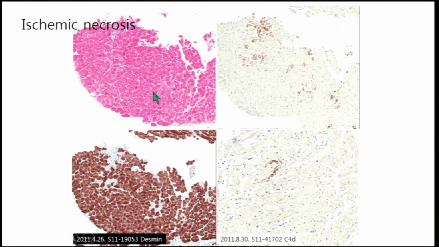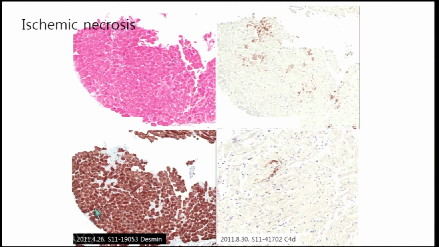Ischemic necrosis is very common in myocardium. So I use C4D staining for ischemic conditions. You can see the brownish spots in many areas, and this is necrotic myocardium, but not associated with lymphocyte infiltration.